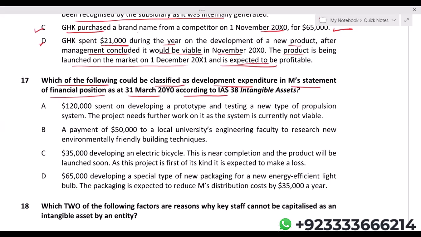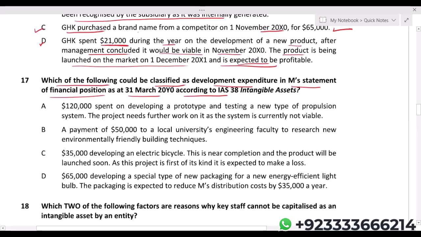Fifth, the company can demonstrate how it will get the economic benefit from that asset, either by selling that asset or by utilizing that asset. Last, the organization can measure reliably the remaining expenditure on the completion of the intangible asset. When all these 6 conditions are met, only then we start capitalizing the development expenditure.